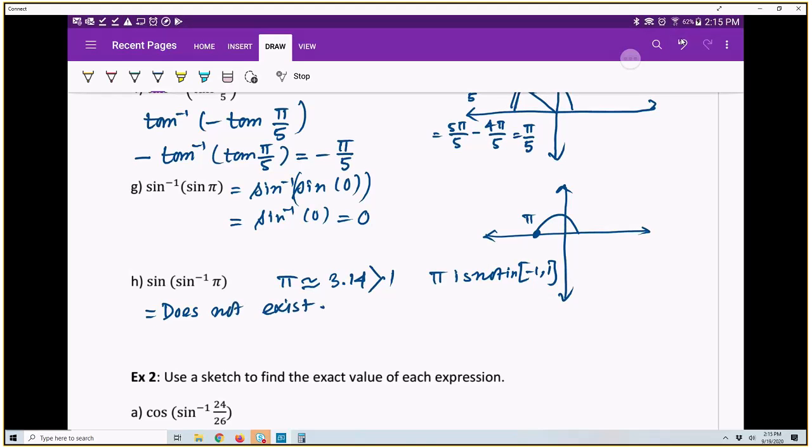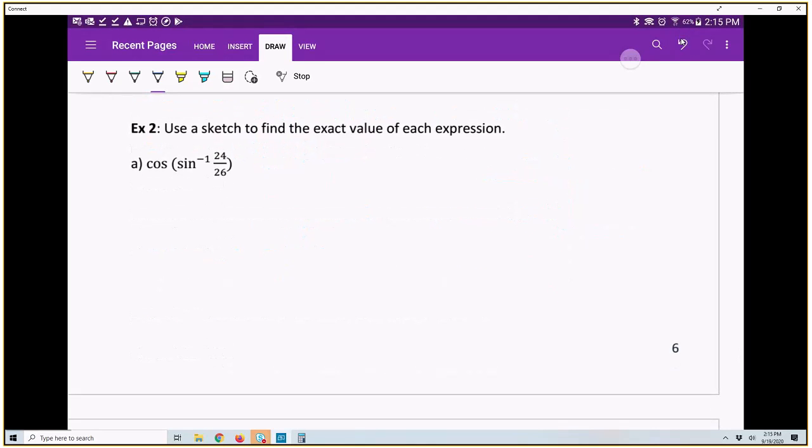The one other variation of this type of problems is finding the trigonometric ratios of the inverse trigonometric ratios, but the trigonometric ratio and the inverse trigonometric ratio are not necessarily the same. And doing these problems, we have to heavily rely on sketching the graphs. So this time you're taking the sine inverse of 24 over 26.